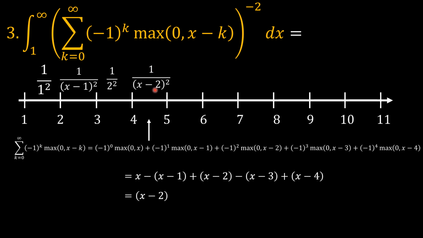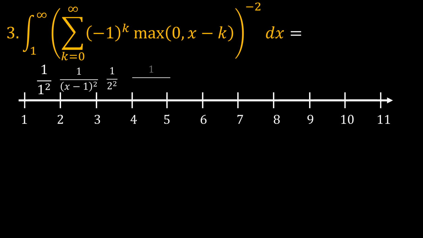So we have 1 over x minus 2 squared. And so we continue, and that is 3 squared.